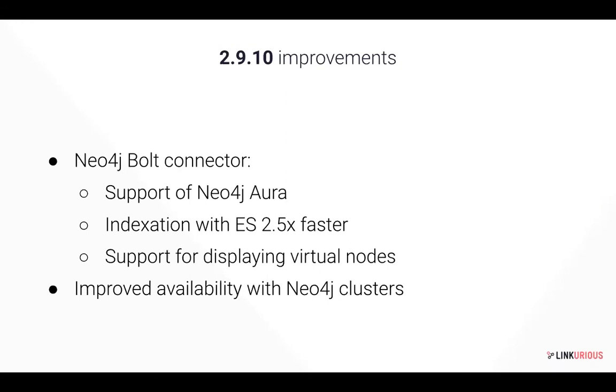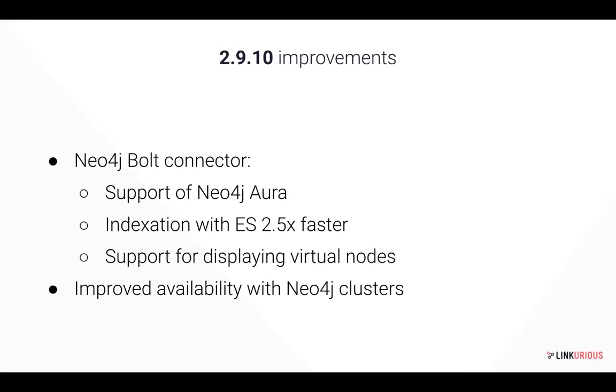The benefits of that, because this is the technical part, but the benefits from a customer point of view here is that now we'll support Neo4j Aura. Neo4j Aura is the cloud version of Neo4j. For all customers that are considering or that are using already this cloud version of Neo4j, they will be able to connect with Linkurious Enterprise to their database on Neo4j Aura.